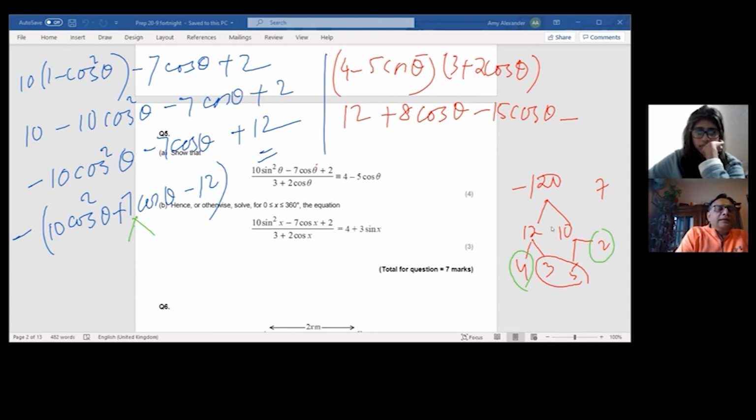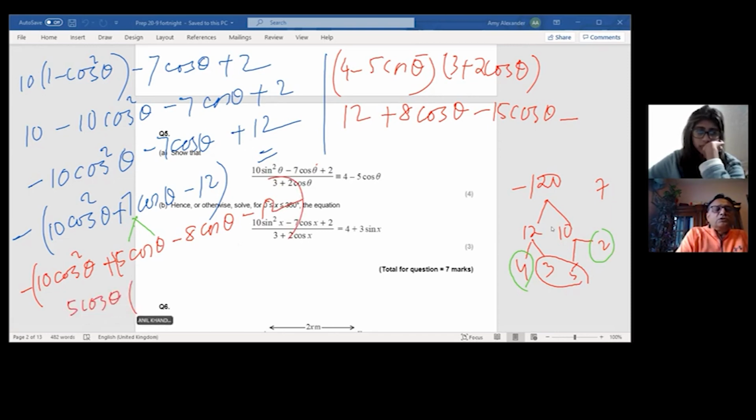So we'll write this as minus, bracket, 10 cos²θ plus 15 cos θ minus 8 cos θ minus 12, correct? And in these two, 5 cos θ is common.